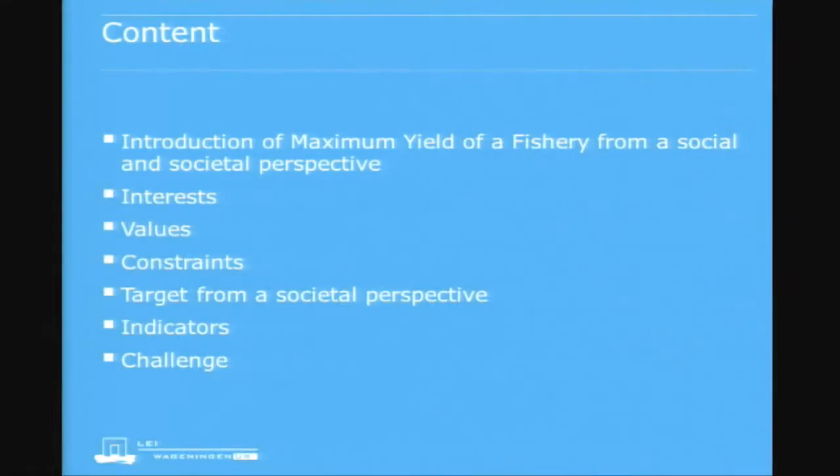The presentation follows roughly the line of some key issues of the MYFISH project. Only I translate the word yield. This will be shown in the next slide. So I also will talk a little bit about constraints, target indicators, and also a challenge.